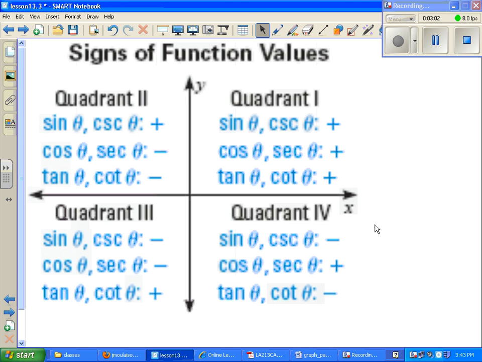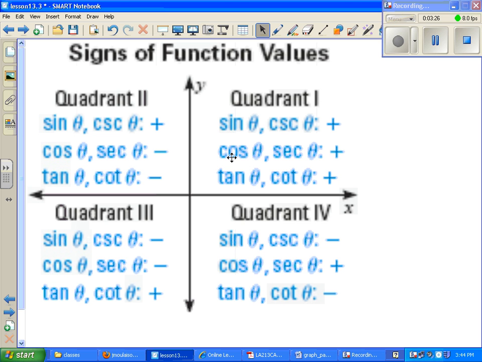So if you remember, definitions for a trig function like sine is y over r. So r is always positive, so the sine of the angle is going to be positive or negative depending upon whether y is positive or negative. And y is positive in the first and second quadrants, and y is negative in the third and fourth quadrants.